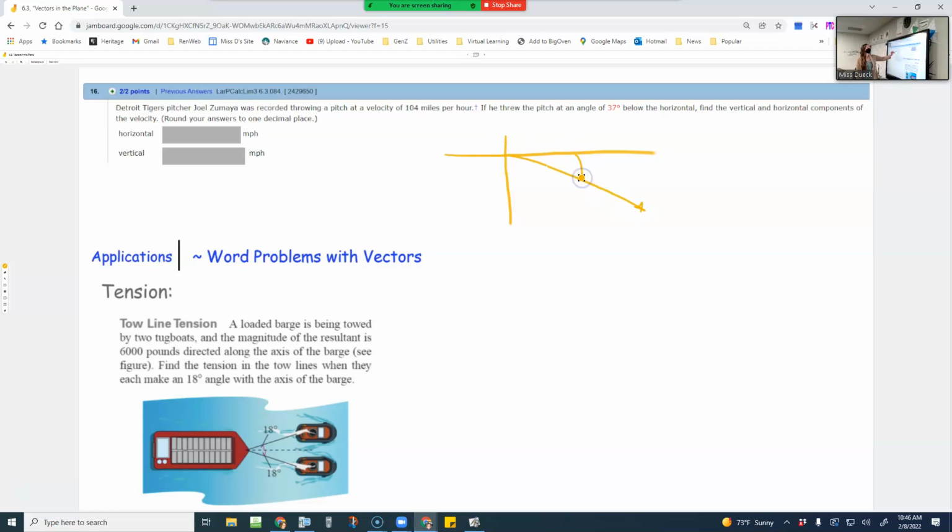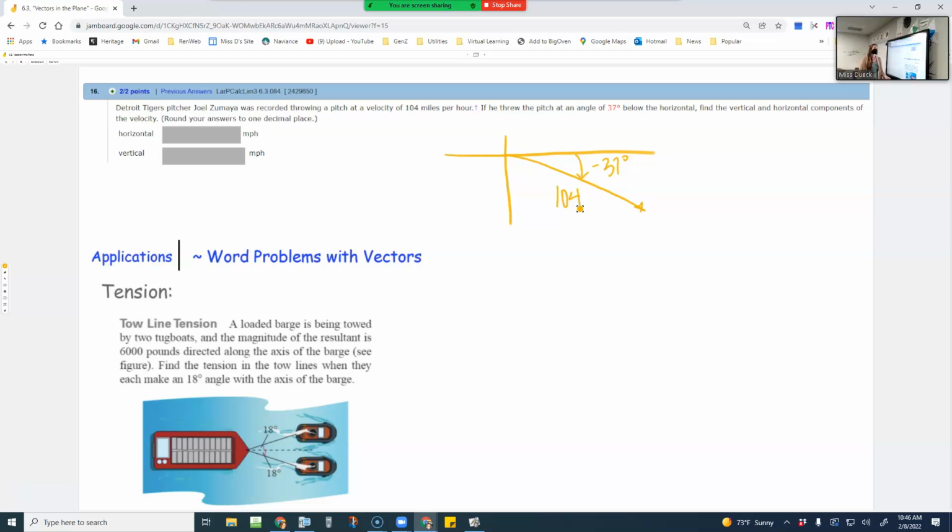If he's throwing at 37 down, I don't label it with 37. What do I label it with? Negative 37. Exactly. It's going to be a negative 37. And when it says how fast, that's not telling me the horizontal component or the vertical component. That's telling me how fast he's throwing it in this line at this direction. That is my magnitude.